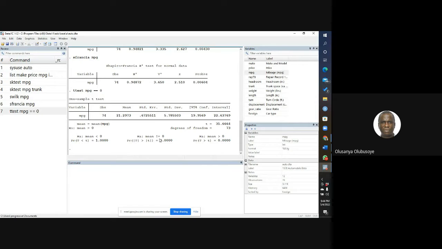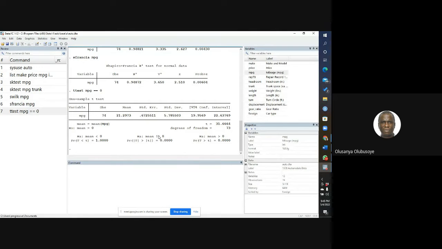So if the mean is significant, from this hypothesis, the mean is not equal to 0, so it's significant. Again, we can also see that the mean is actually positive, is greater than 0. So this is how we interpret. This one does not give us the direction. The second one does not give us the direction.